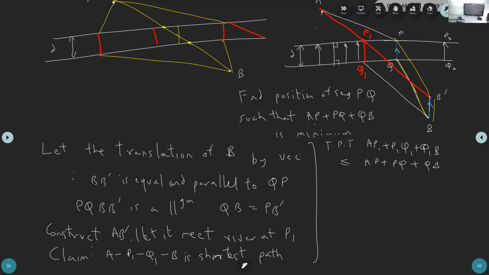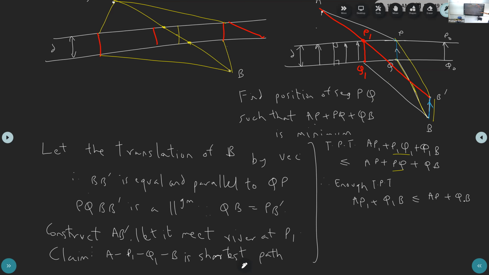Okay, so this is how we can rewrite this, right? We want to prove that this AP1 plus P1 Q1 plus Q1 B is smaller than AP plus PQ plus QB. Out of that, first thing we notice is that P1 Q1 and PQ are equal, right? So we can cancel them out. We don't need to keep writing them. So therefore, it is enough to prove that AP1 plus Q1B is less than equal to AP plus QB.